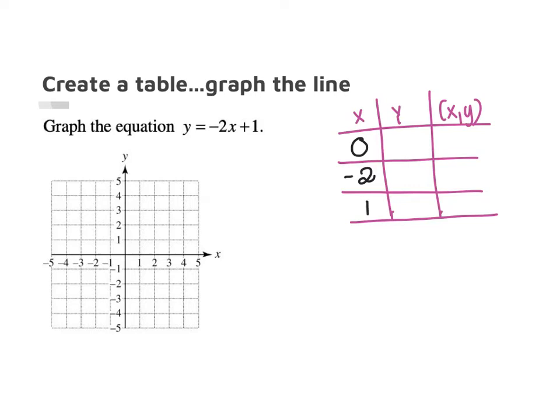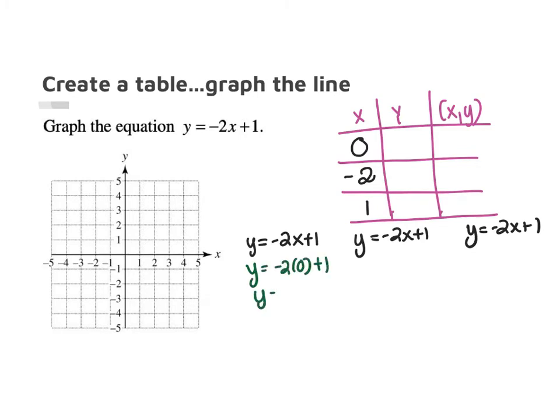Just as I did on the last screen, I am going to plug those into my equation, find the corresponding y values so I can create my point. So the first one, I'm plugging in a 0. So my y value is 1, and my point is 0, 1.